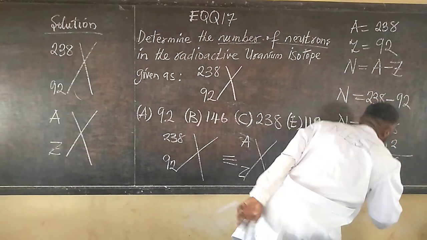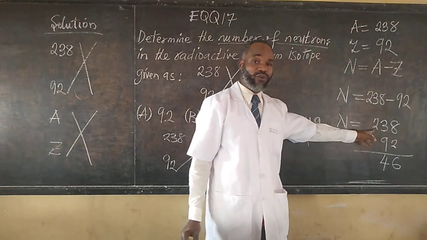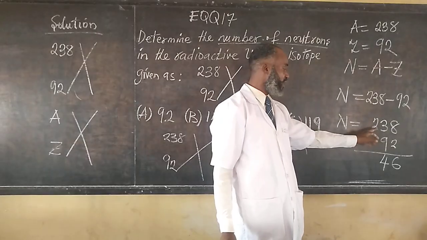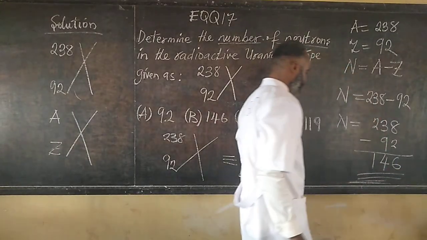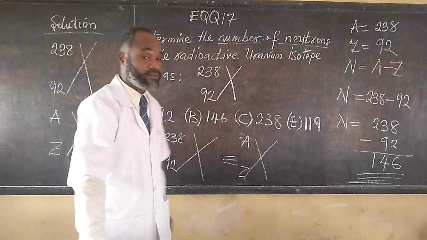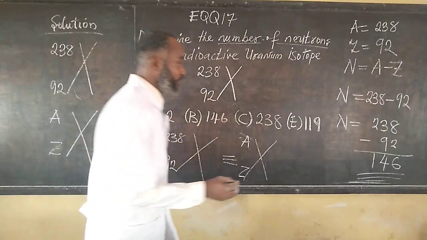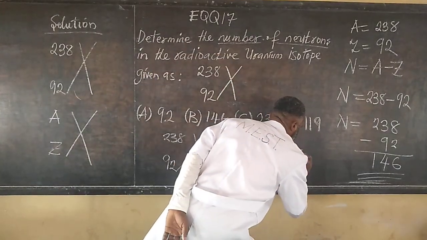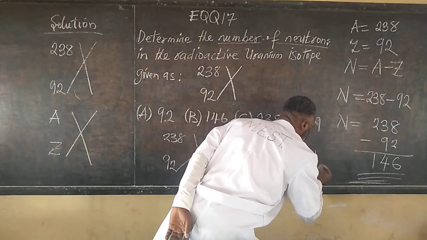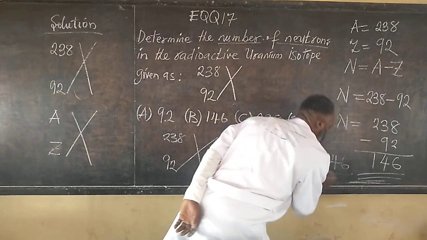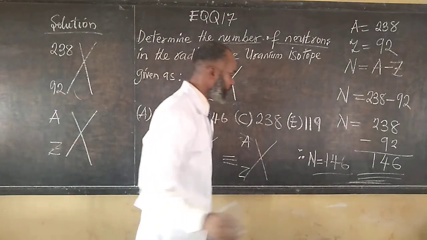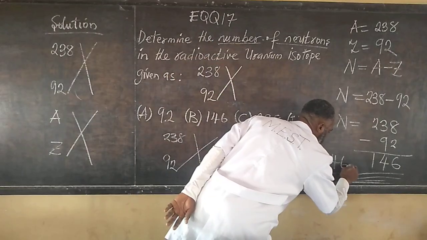Remember, we borrowed the 1 from this point, so what remains here is just 1. We bring it down. Very simple. Therefore, N, the number of neutrons, is equal to 146. Solved. It's done.